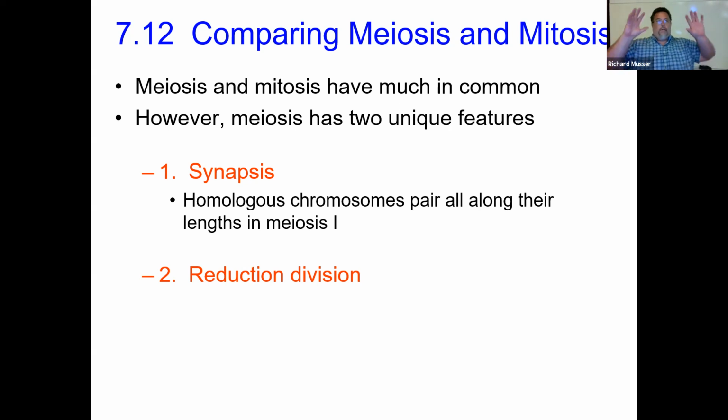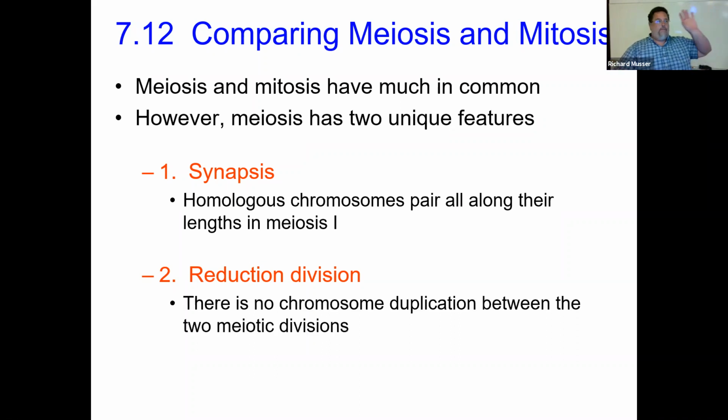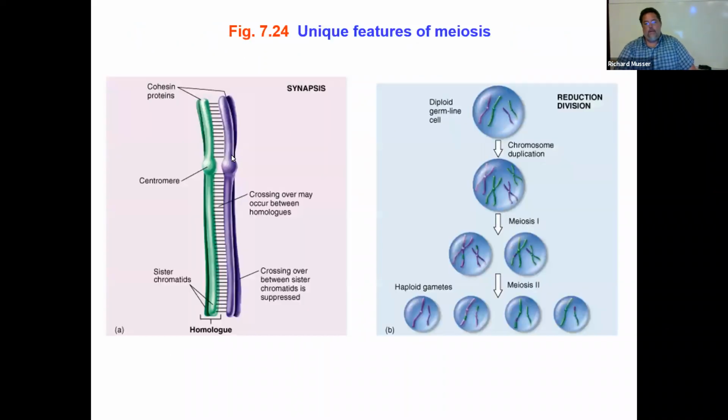But ultimately, you're going to have the same number of chromosomes that you started with. So you start out with 23 pairs and end up with 2 cells with 23 pairs. You don't have this real reduction like you do in meiosis, where you ultimately have half the number of chromosomes. So those are the big differences.